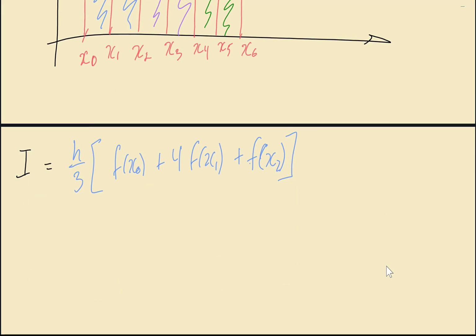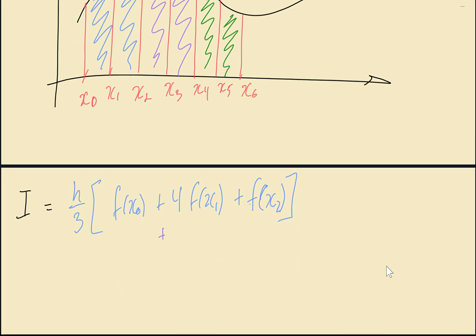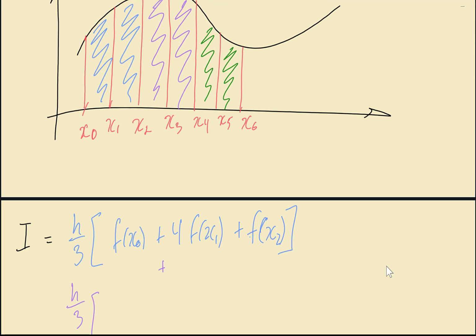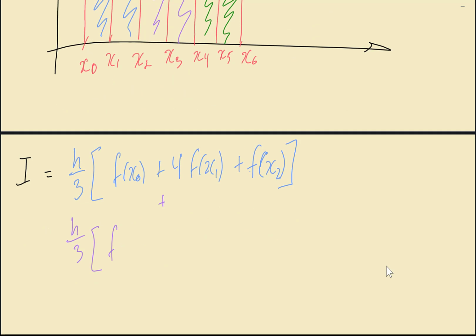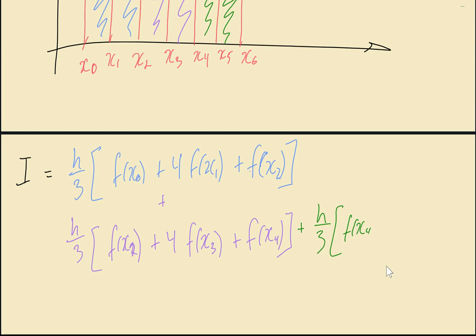Then we add the second part, h over 3, and we said we're starting at x2, so f of x2 plus 4 times f of x3 plus f of x4. And then we add one more, plus h over 3, starting at f of x4 plus 4 times f of x5 plus f of x6.